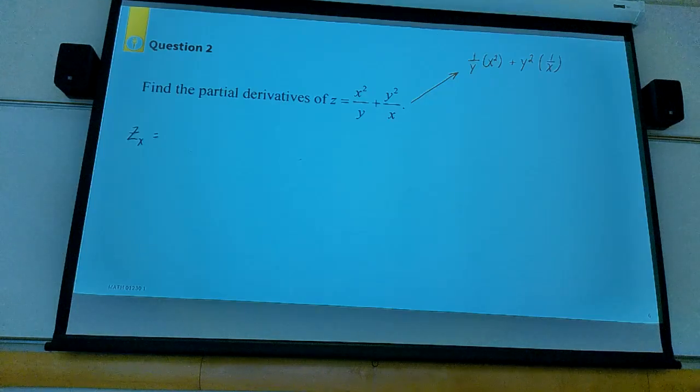Differentiating with respect to x, only the x is changing. All other variables are treated as a constant. That means 1 over y is a constant, right? Then from Calc 1, wouldn't that just be a scalar multiple rule? Scalar times the derivative of the function. What's the derivative of x squared? Multiplied by 1 over y.